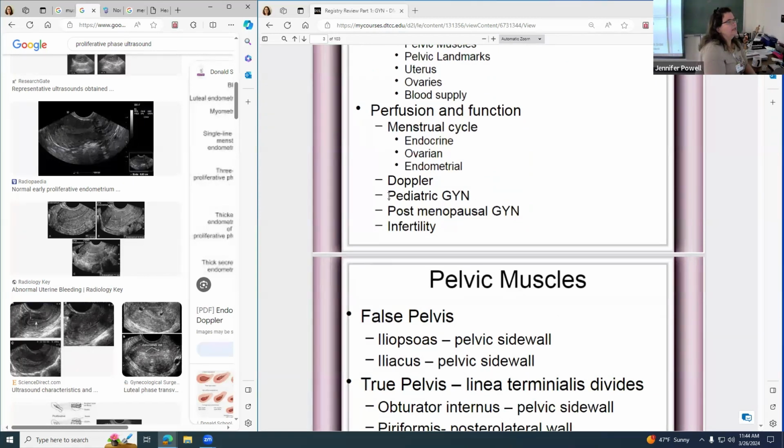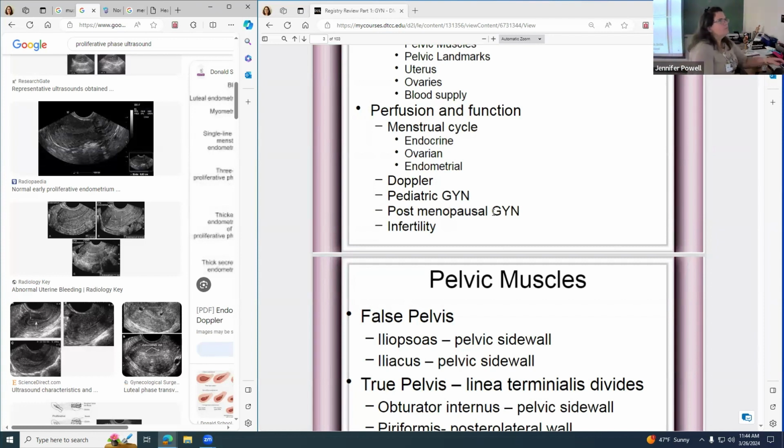So anybody remember the whole thing with the pediatric GYN? It's not a difference in the size so much, although their uterus is a little smaller, but it's the ratio of the size of the cervix to the uterus.